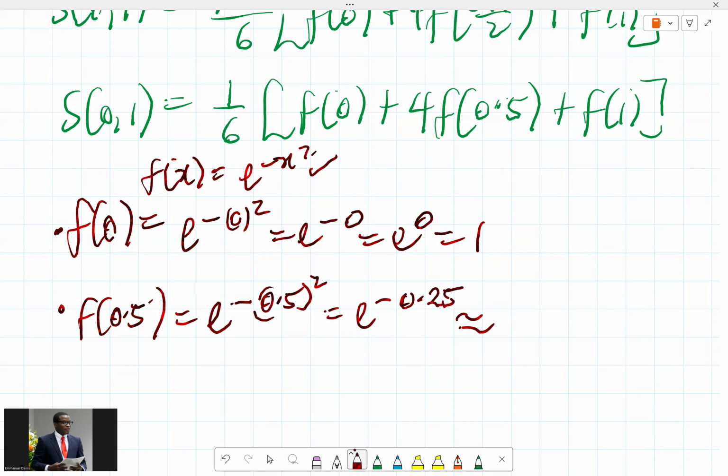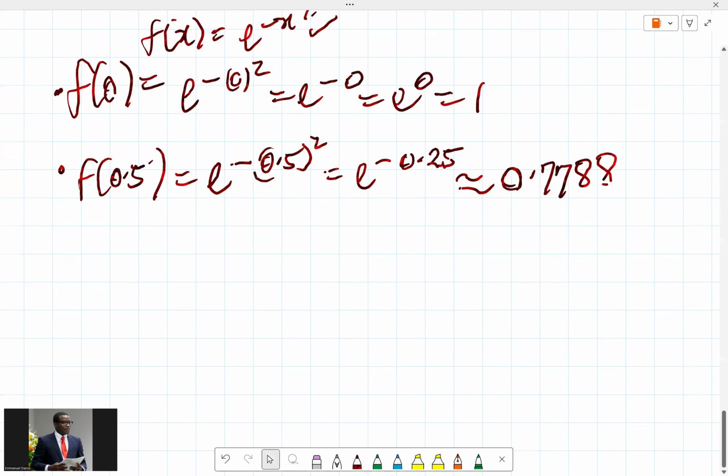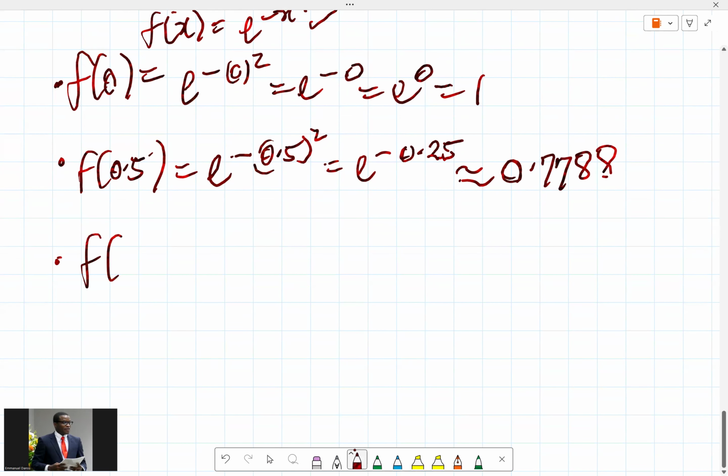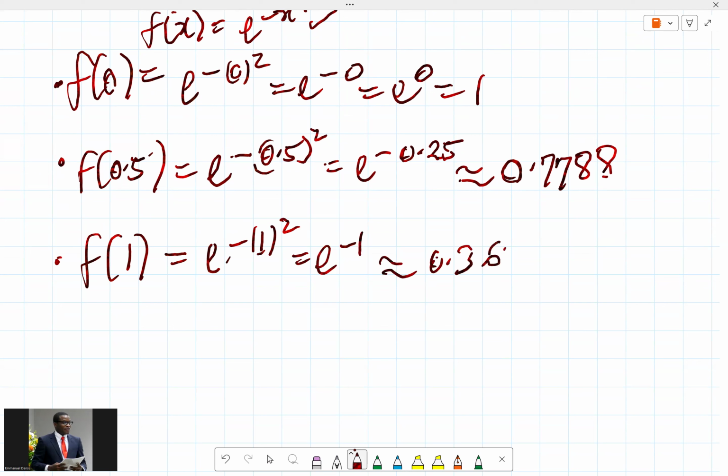Okay, that works. So that's approximately 0.7788. And then we have f of 1, which is equal to e raised to power minus 1 squared. That is e raised to power minus 1, and that, of course, is approximately 0.3679. Okay, for confirmation, we have this 0.3679. So that works. All right.